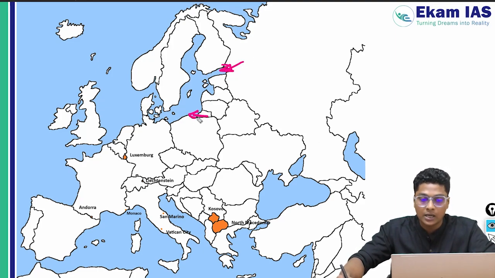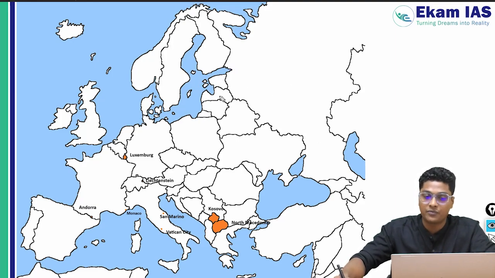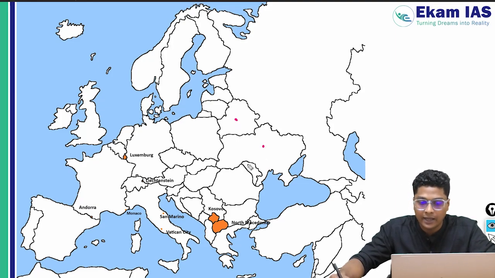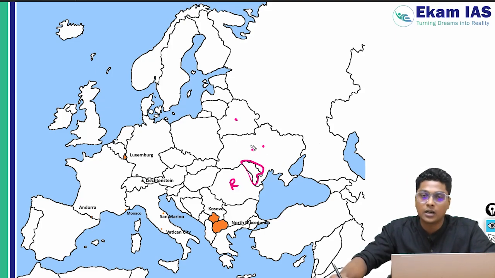Also Kaliningrad, Russia is having access to the Baltic Sea. And then three nations we studied here: Estonia, Latvia, Lithuania in the alphabetical order. Then we talked about Belarus, we talked about Ukraine and Moldova, enclave nation, which is shared by Romania and Ukraine.